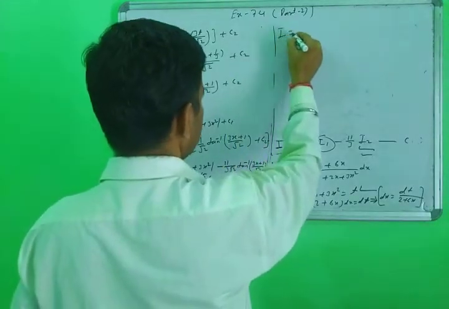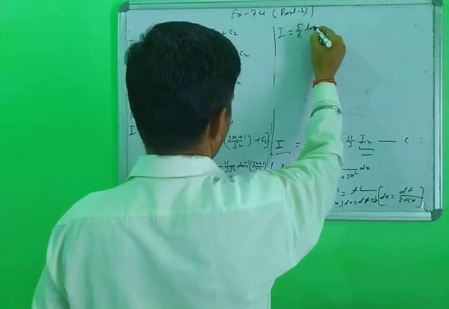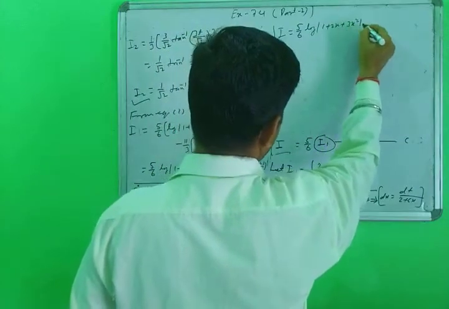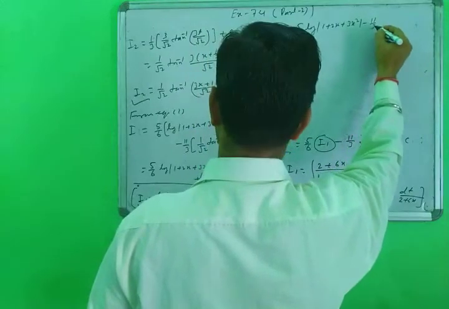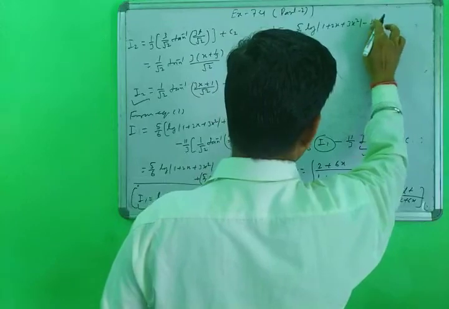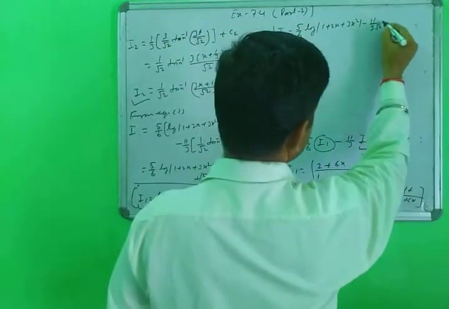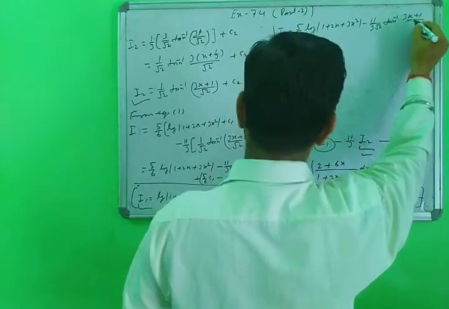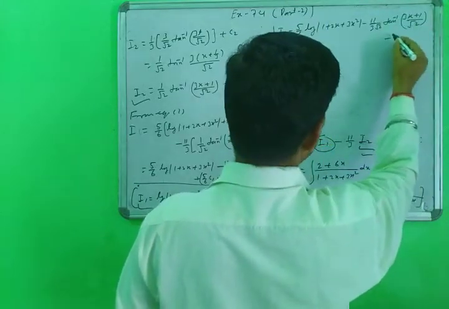The value of I equals 5 by 6 log of 1 plus 2x plus 3x square minus 11 upon 3 root 2 tan inverse of 3x plus 1 upon root 2, and plus c.